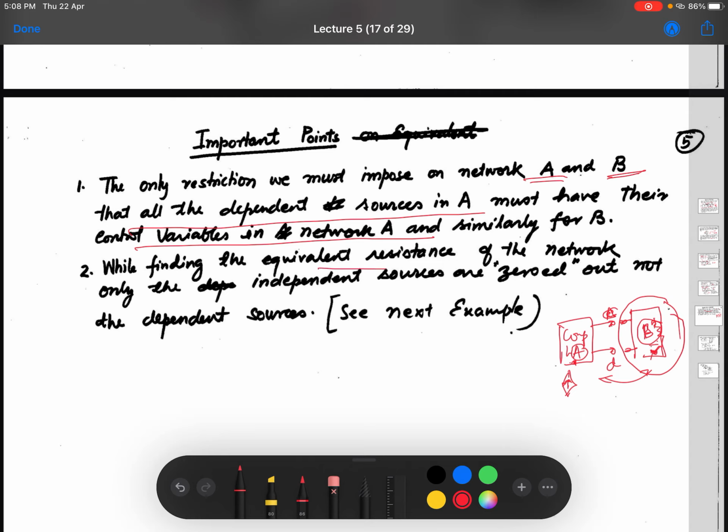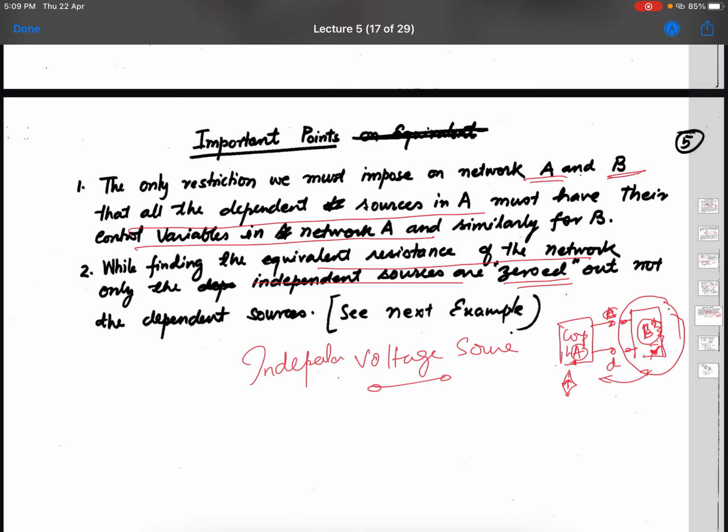While finding the equivalent resistance of a network, all the independent sources are zeroed out. What do we mean by zeroed out? That means if it is an independent voltage source, it has to be represented by a short circuit.